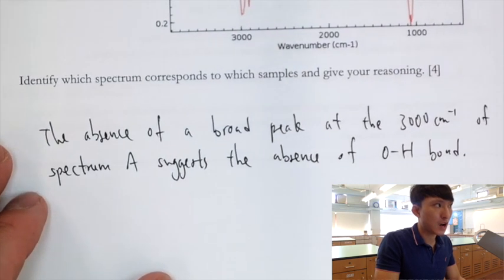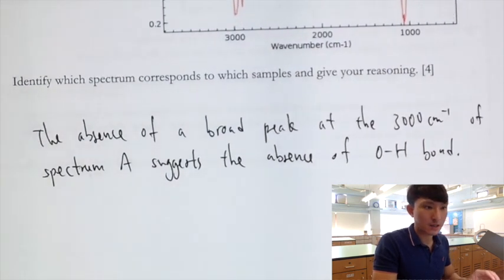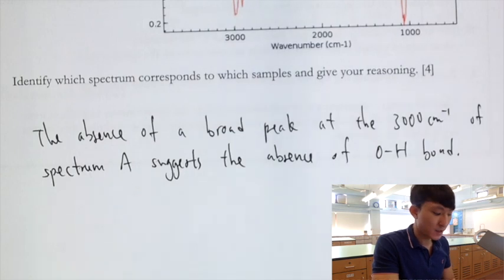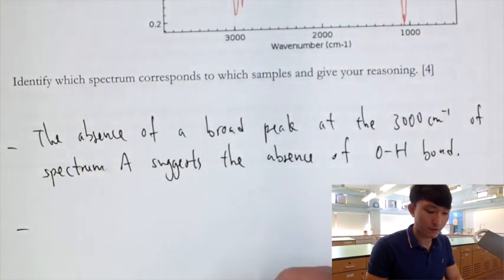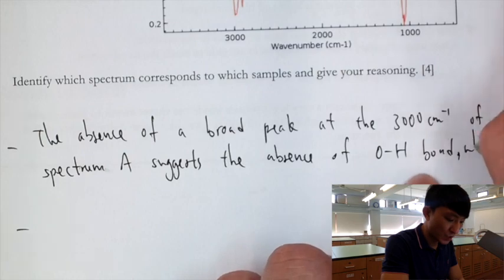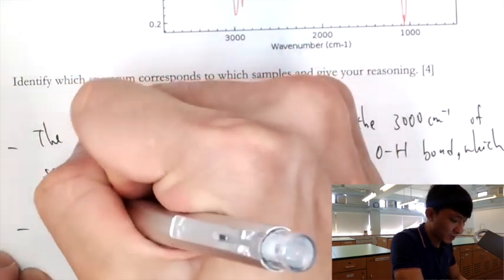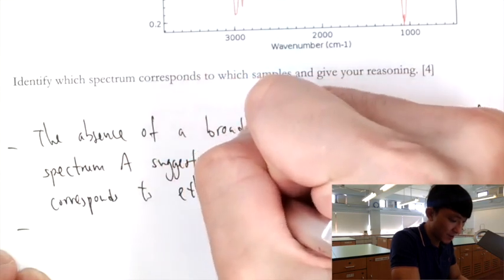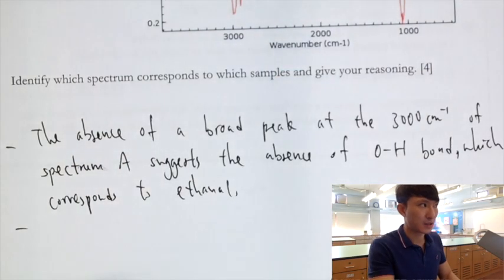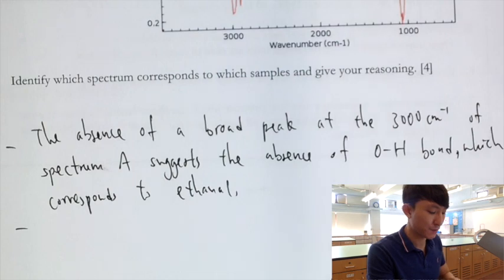So you see, this is how we make the assignment using the absence of a peak, okay? So this one is important. So with the absence of OH, which corresponds to ethanal, okay? So this is to show you how we use the absence of a peak to make the assignment.